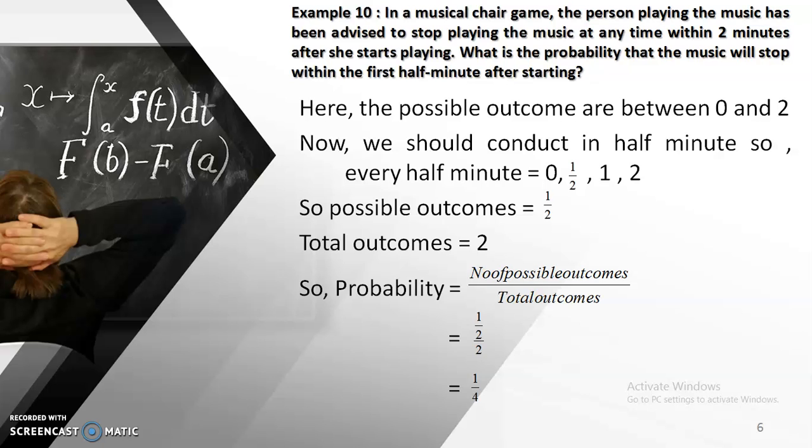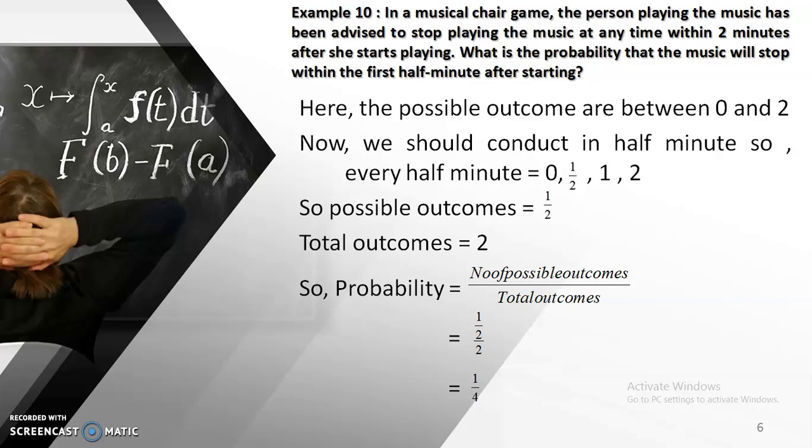Got it? Here the possible outcomes are between 0 and 2. Now we should conduct in half minutes. So every half minute: 0, 1 upon 2, 1 and 2. So possible outcomes 1 upon 2 because it is the first half minute, right? And total outcomes equals 2 because it is within 2 minutes, right?